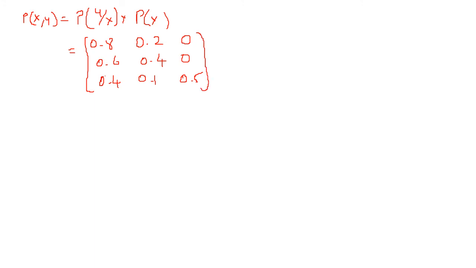We multiply each row with the respective input probability: P of x1 for the first row, P of x2 for the second row, P of x3 for the third row, which is 1 by 3 each.